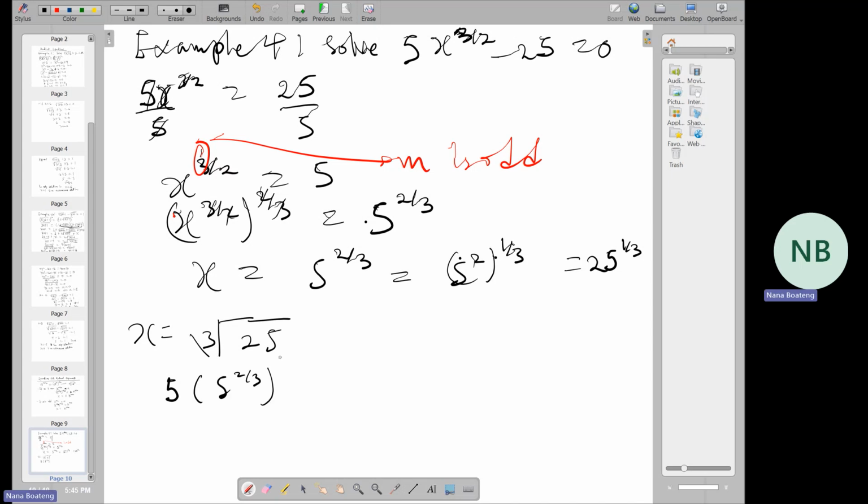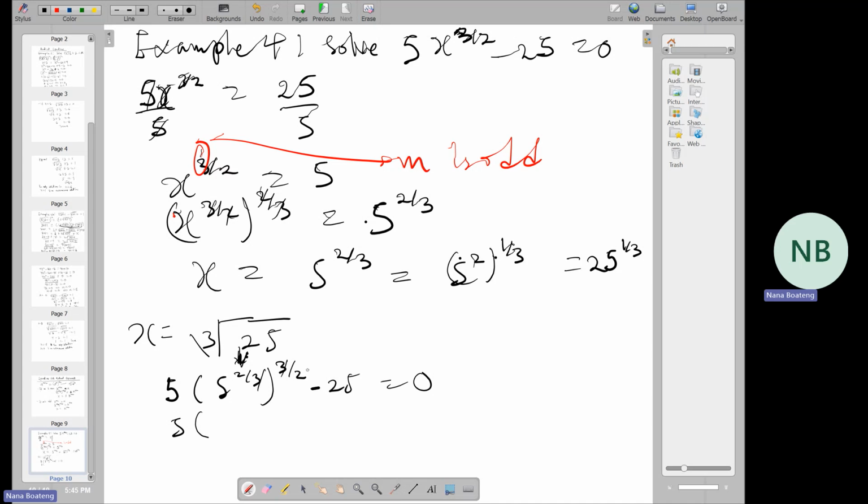Cube root of 25 is the same thing as 5 power 2/3, and this time 3 divided by 2 minus 25 is equal to 0. So we have here 5 times, 3 divides 3 once, 2 divides 2 once.